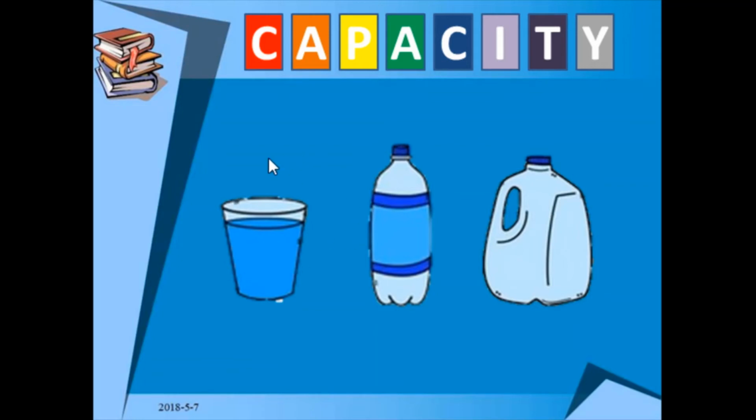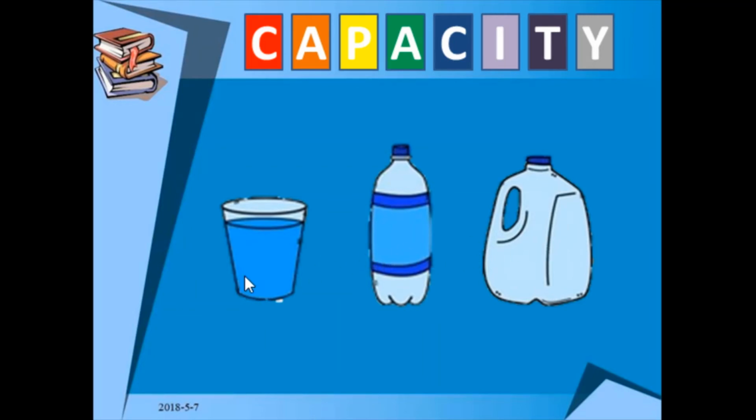We have here a glass, a bottle, and a jug. Again, we have here a glass, a bottle, and a jug. The glass, the bottle, and the jug are arranged in such a way that we can see the containers from small going to big.